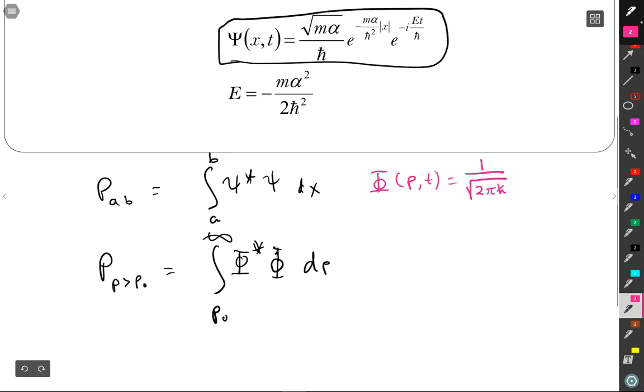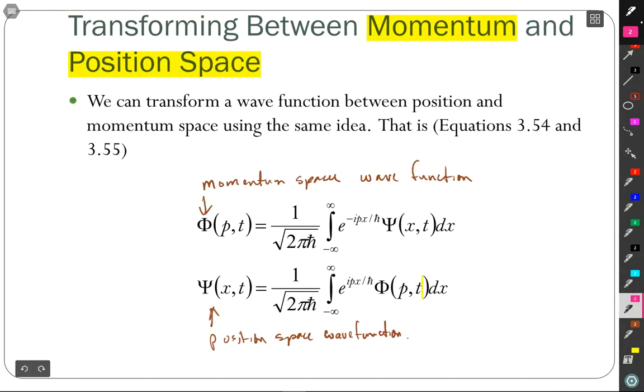Okay, I'm going to stop at that. What comes next? Integral from, I guess, P0 to infinity. Or do you have to do it all the way from negative infinity? Minus infinity to plus infinity. We're doing this right here.